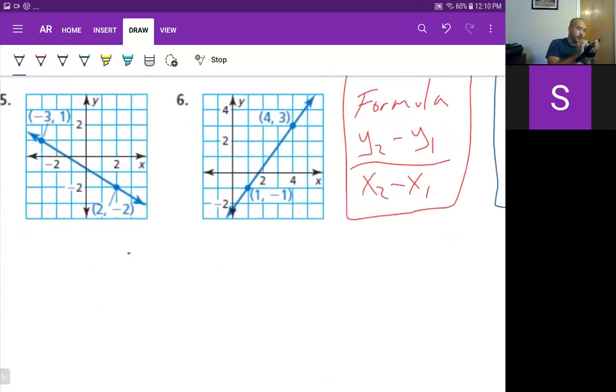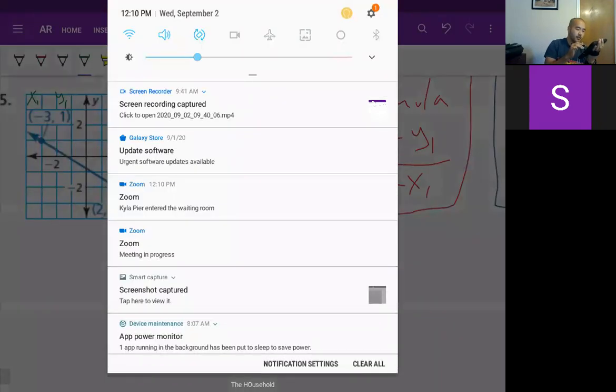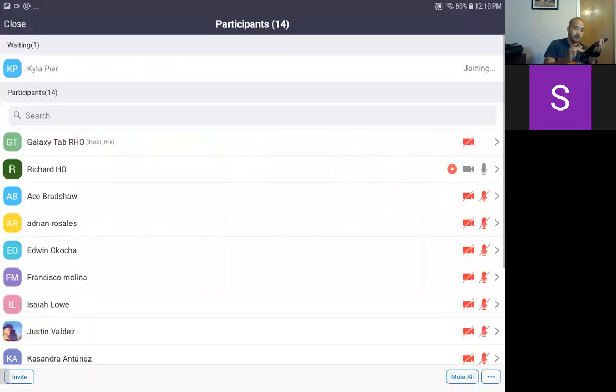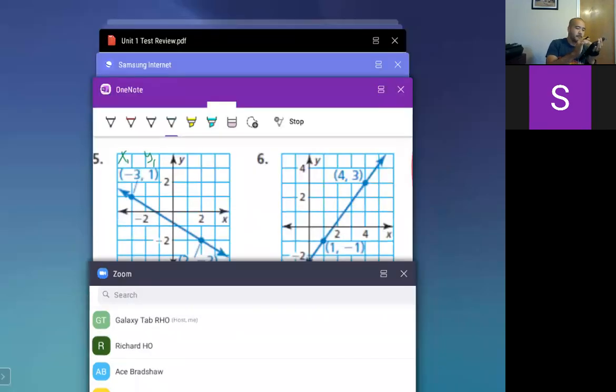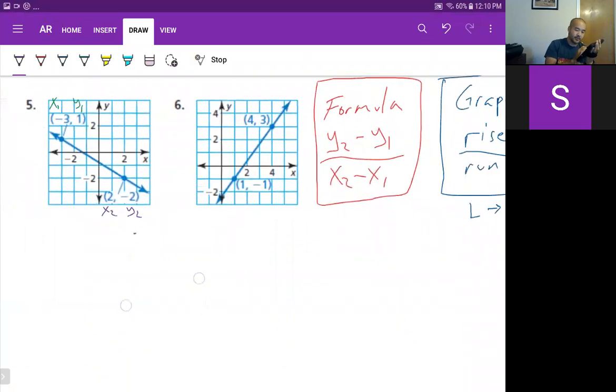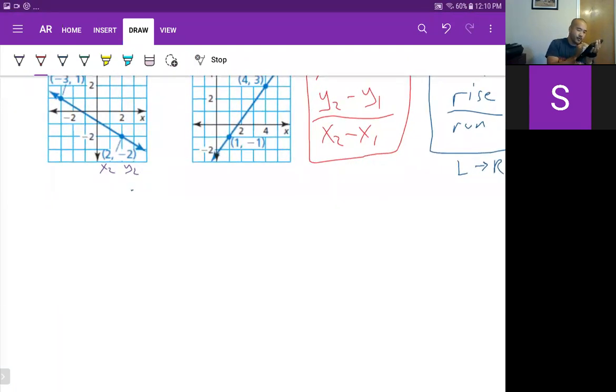So let's do this one. You have x1, y1, so x1, y1 is here, x2, y2 is here. So that's what we use for the formula. Your formula over there, this formula right here is what I'm using.